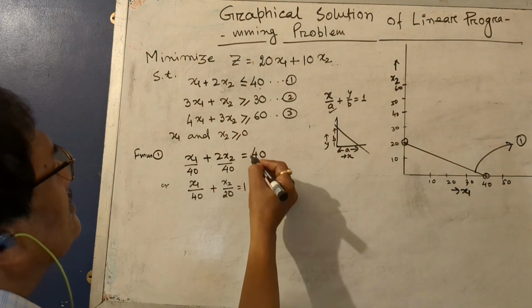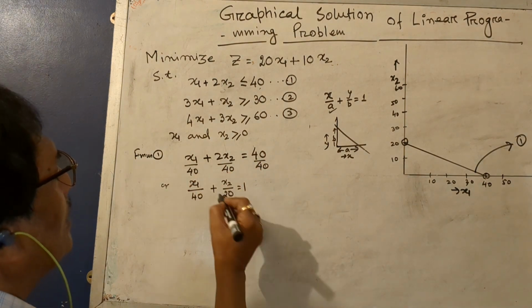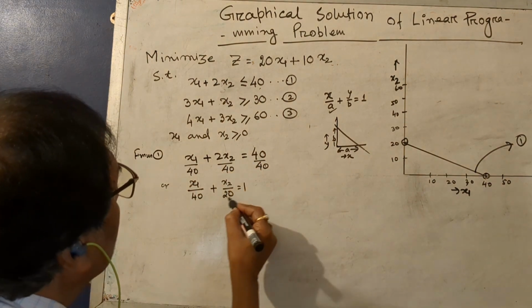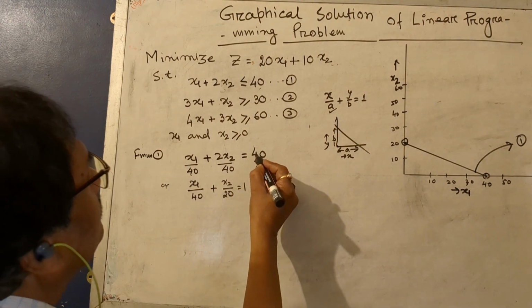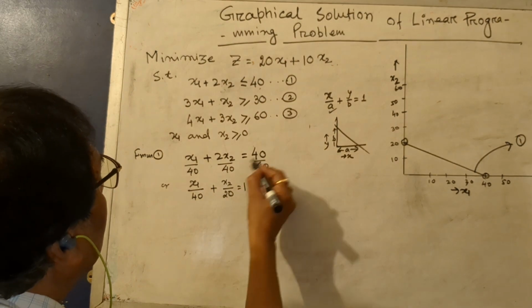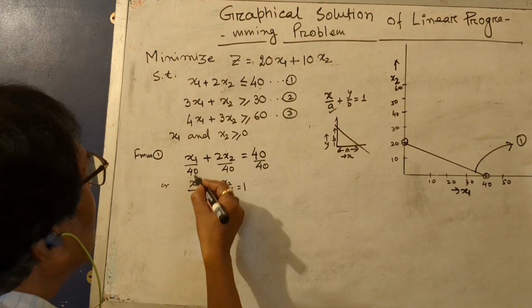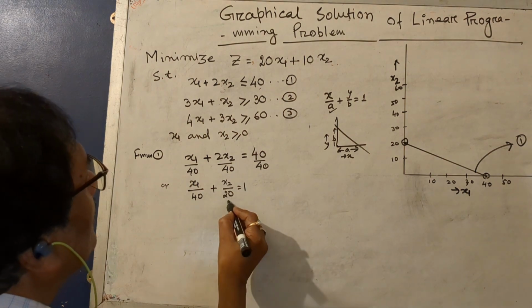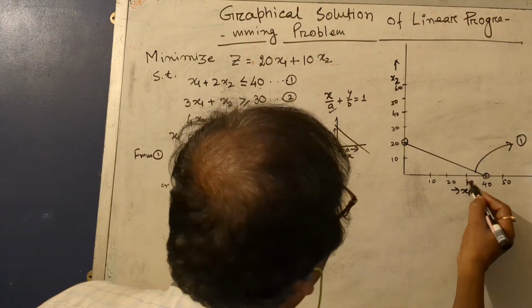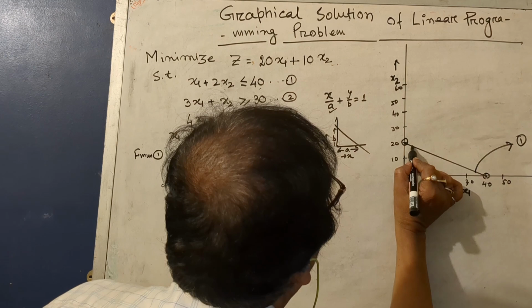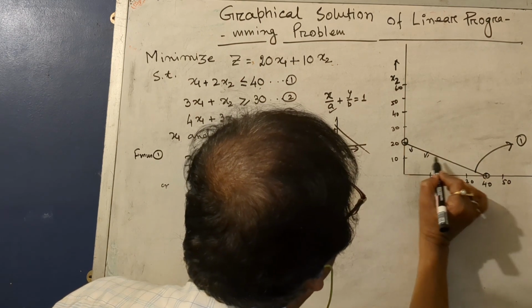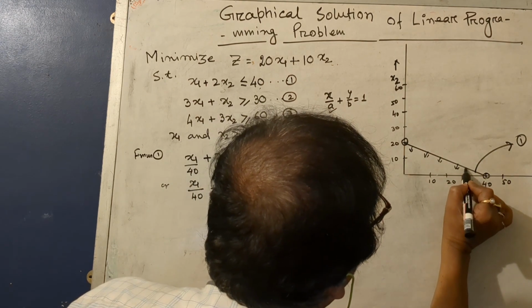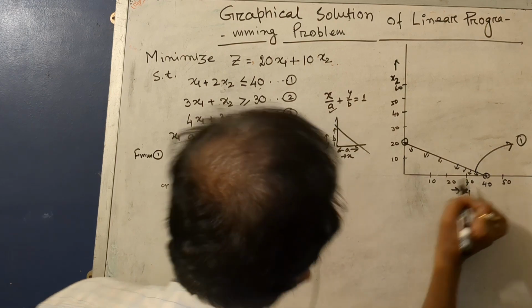If the value is decreased, the values of x1 and x2 will also decrease. If instead of 40 it is 30, then what will happen? You have to divide by 30, so it will be 30 and 15 like that. That is 30, 20 means the line will be lower than that. That is the movement of this line will be this, as it is of the less than type.